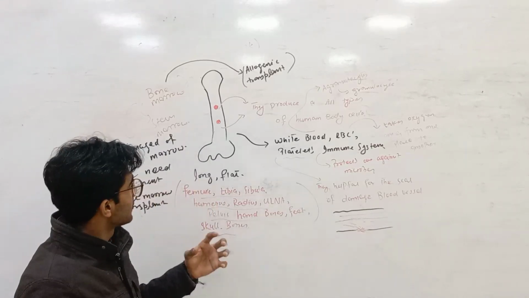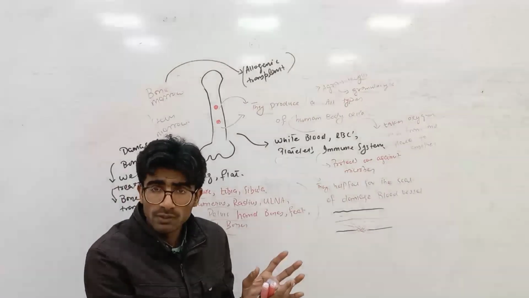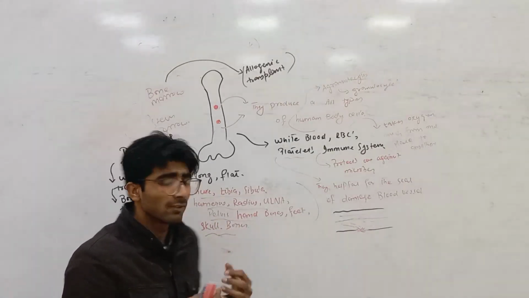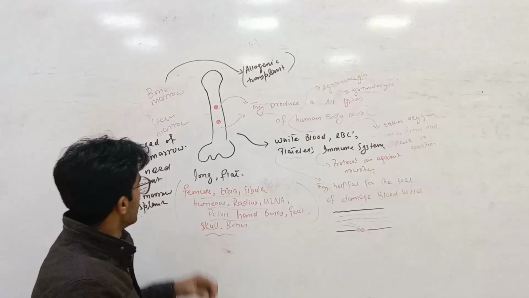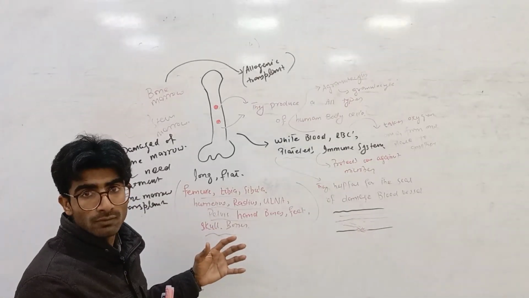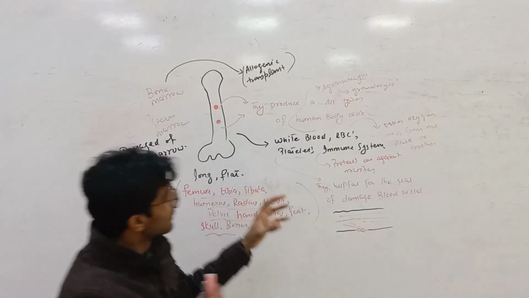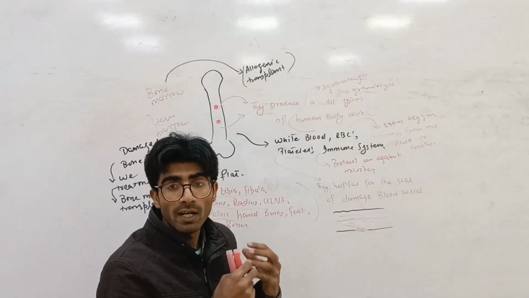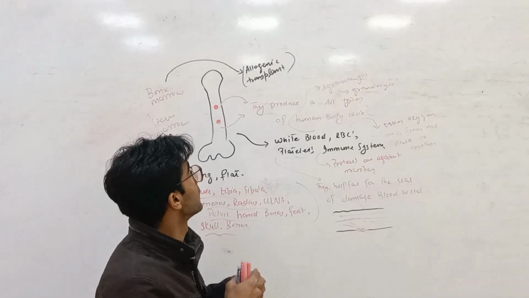Just review the different kinds of bones in the human body: femur, tibia, fibula, humerus, radius, ulna, pelvis, hand bones, and leg and feet bones, which are flat and long. These bones have stem cells which produce platelets, the immune system, red blood cells and white blood cells, and they have different roles in the human body.